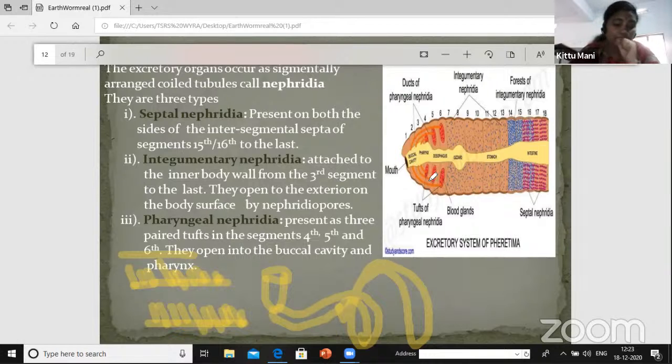But exonephric nephridia open to the outer side by the nephridiopore. That is the difference between these nephridia.